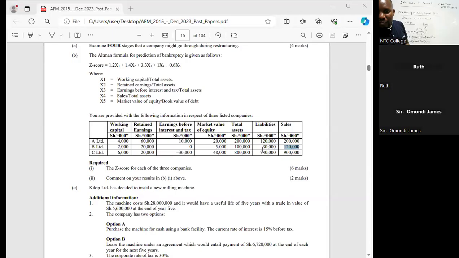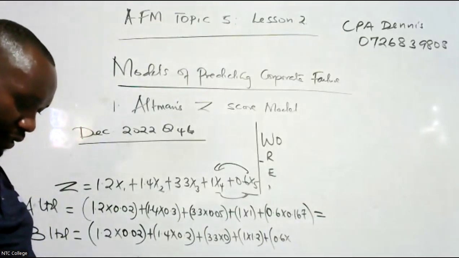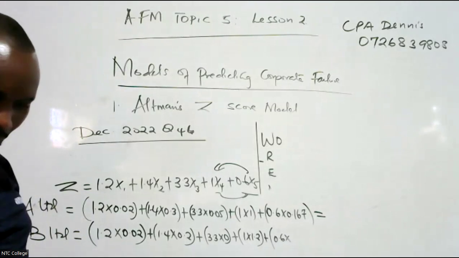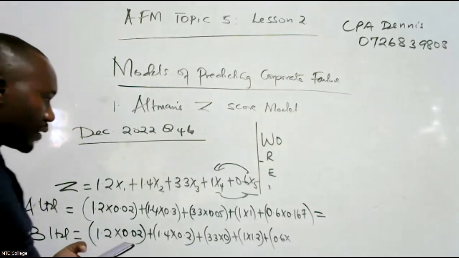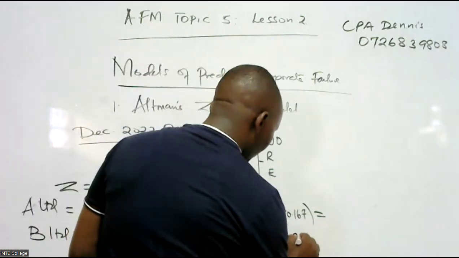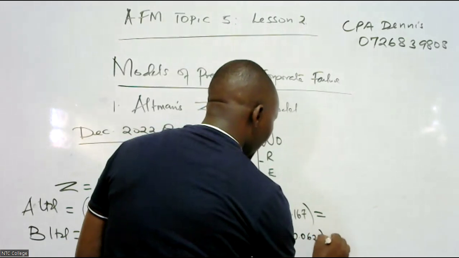So we have debt, which is 80, ordinary shares, market value is 5,000. So 5 over 80. So we have 5 divided by 80, 0.6. So we have 0.0625.